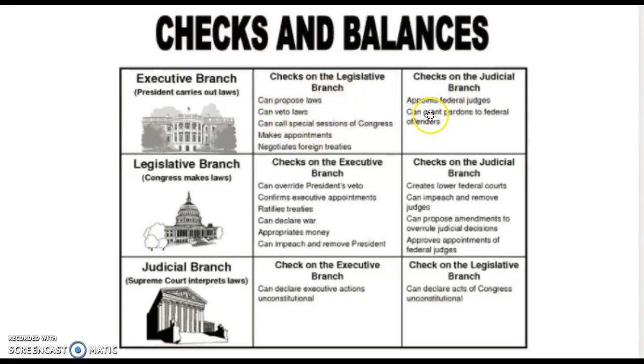The judicial branch can appoint federal judges. For the legislative branch, the executive branch can override the president's veto. Judicial can create lower federal courts. For judicial, the executive branch can declare executive actions unconstitutional, can declare acts of Congress unconstitutional.